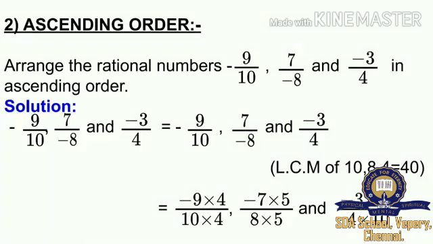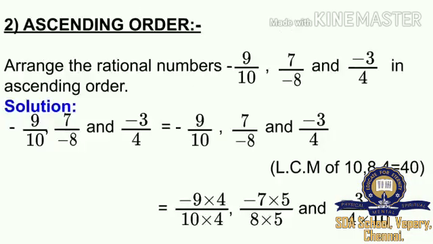How will you make the denominator 40? If we multiply 10 into 4, the answer will be 40, and 8 into 5 is 40. 4 into 10 is 40, right? So minus 9 into 4 over 10 into 4, minus 7 into 5 over 8 into 5, minus 3 into 10 over 4 into 10.